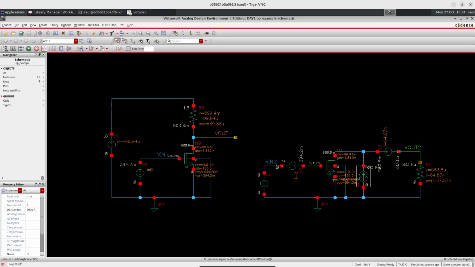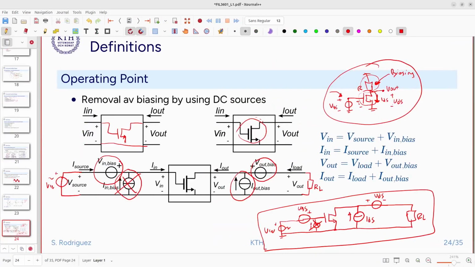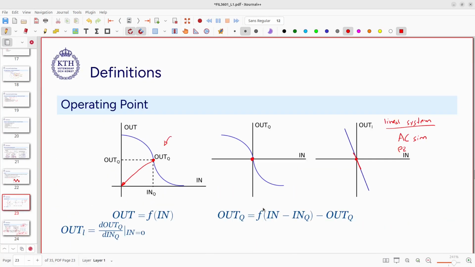So we come back to our presentation. What I am actually doing when I am adding these voltage sources and current sources is moving the operating points toward the origin. So now my V in is 0 and my V out is 0.